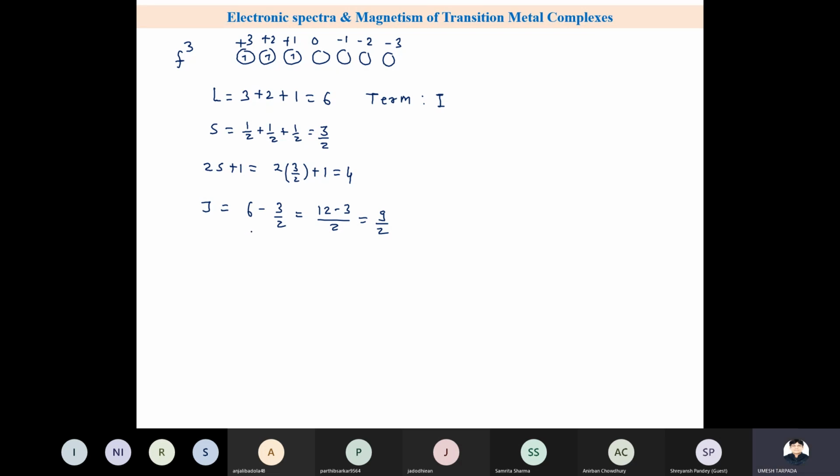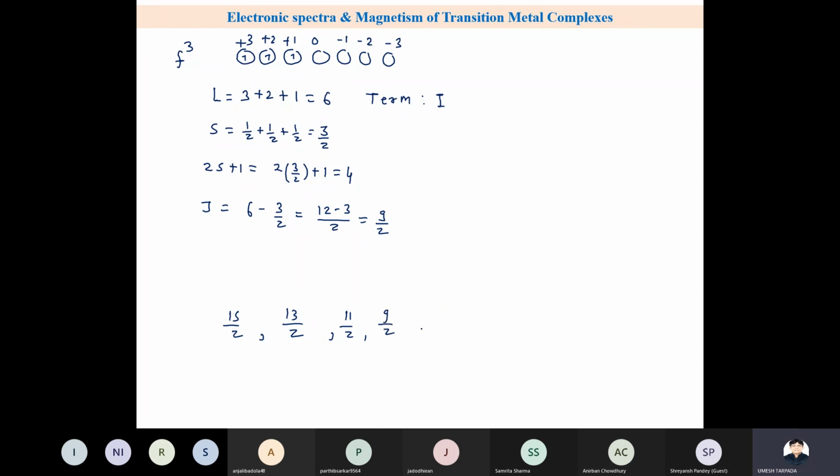If you want to write down the possible J values, start from 6 plus 3 by 2, which is 15 by 2. Then subtract 1, so it's 13 by 2. Again subtract 1, 11 by 2. The last value is 6 minus 3 by 2, that is 9 by 2.